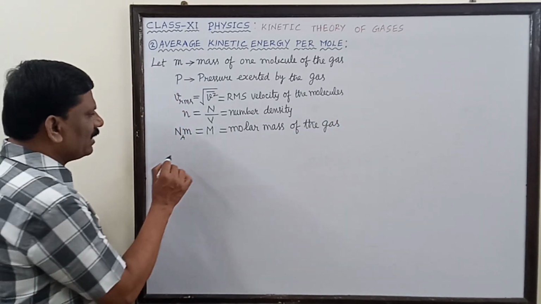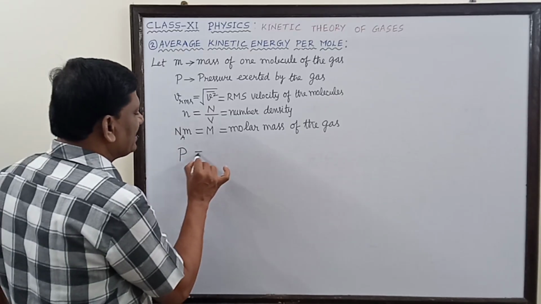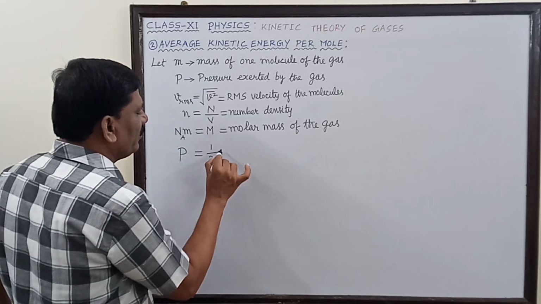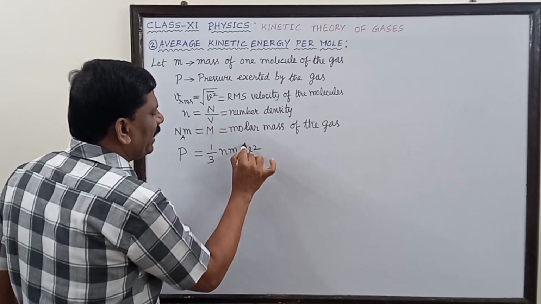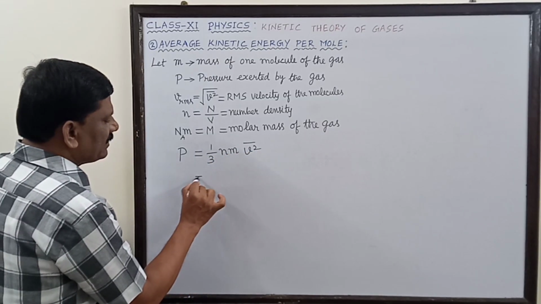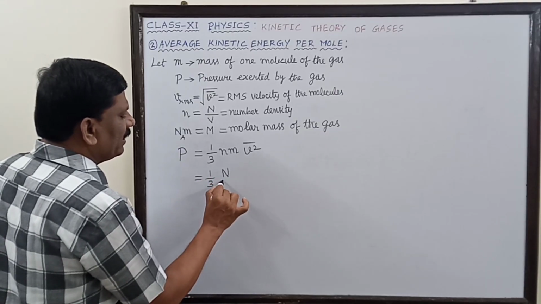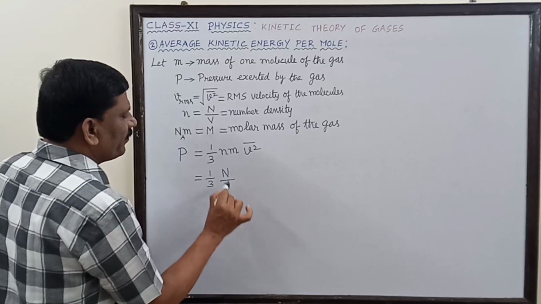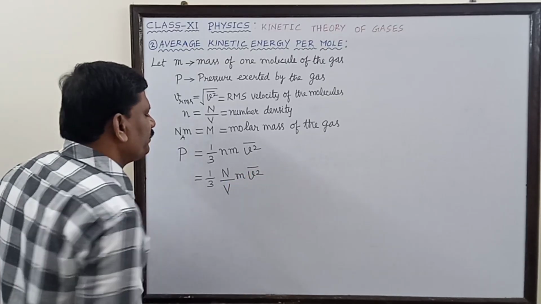Now let us begin the derivation with the expression for the pressure exerted by the gas, which is equal to 1 by 3 N m V square average. This is also equal to 1 by 3 into capital N divided by V into m V square bar.